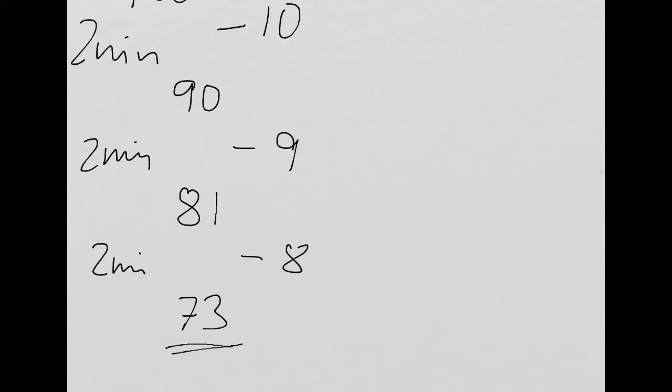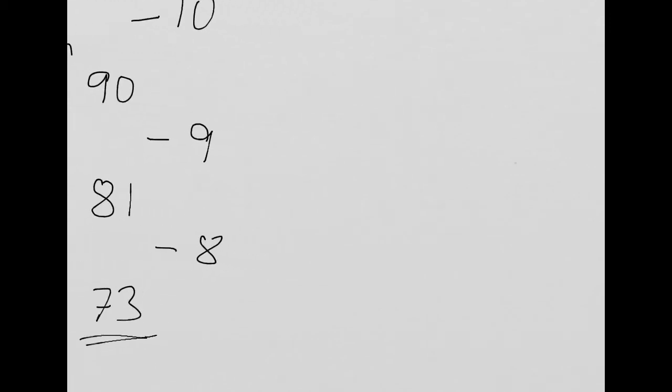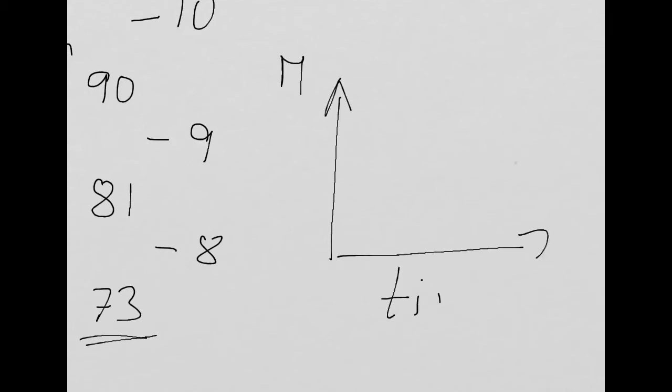And if we were actually drawing this as a graph, here's our Maltesers, here's time, let's say here's 100, we would no longer see a straight line.